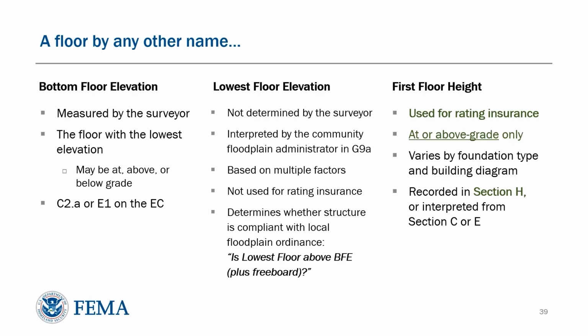First floor height is used for rating flood insurance. The first floor height will always be at or above grade. It does vary by foundation type, and it's recorded in Section H. It can be interpreted from information provided in Section C, but it's specifically called out in Section H.